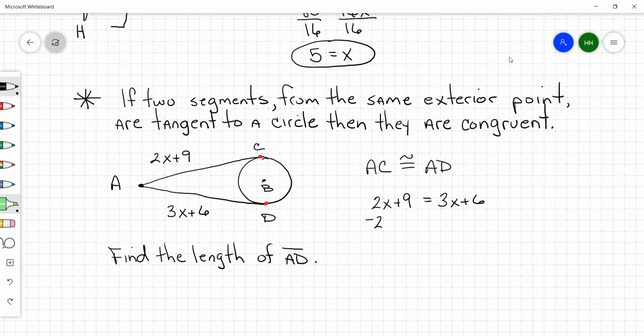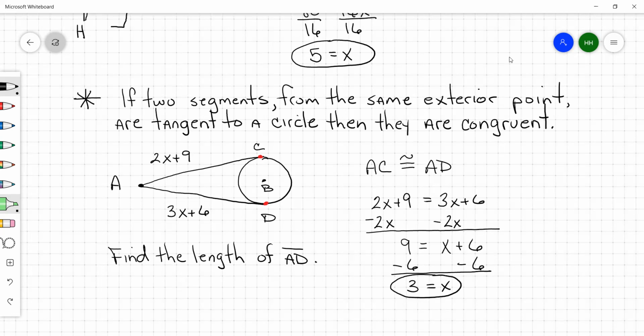So you can subtract 2x from each side. Nine is going to be equal to x plus 6. Can subtract 6. 3 would be equal to x. So there's your value of x.